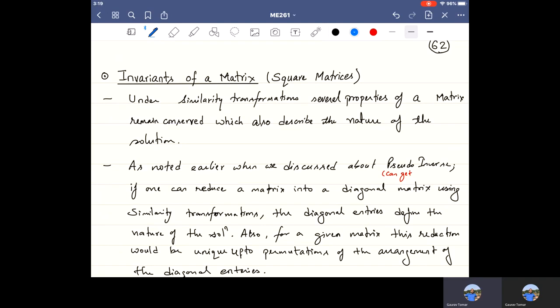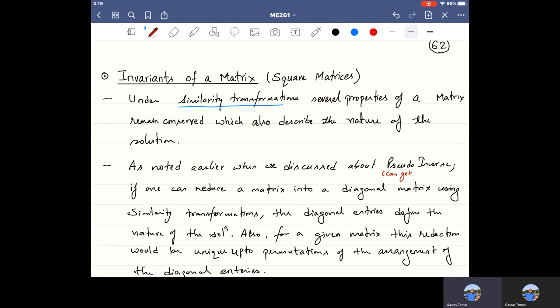So by performing similarity transformation, if we can reduce it to bare minimum, it could be a diagonal matrix. If it is not going to be a diagonal matrix, it would be something close to a diagonal matrix, which is called the Jordan form. We'll talk about it later when we talk about spectral decomposition. For now, by performing similarity transformation, we can reduce to near diagonal matrices. Any matrix can be reduced to a near diagonal matrix.